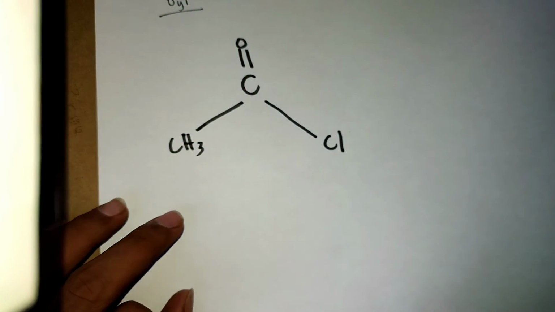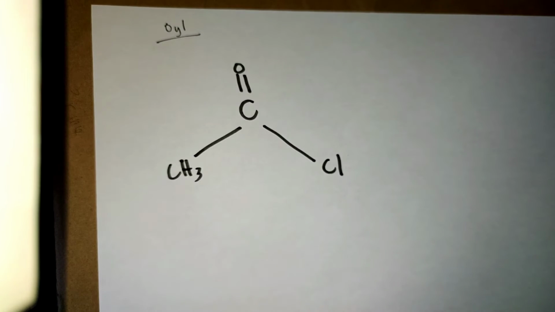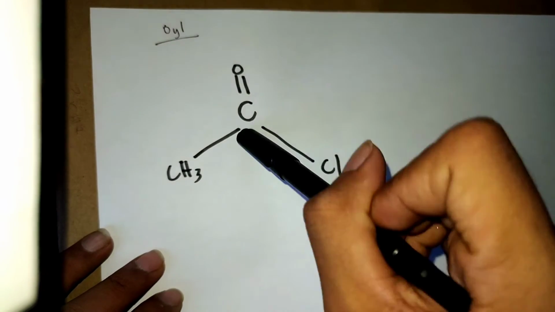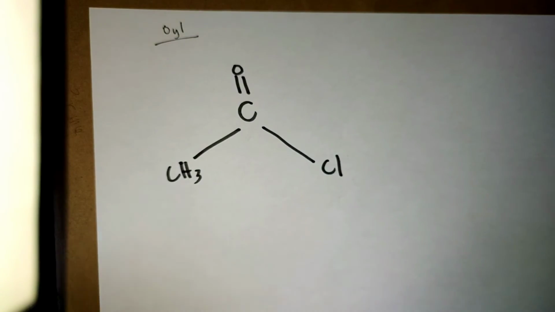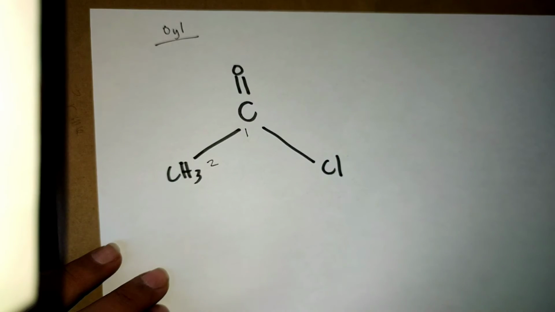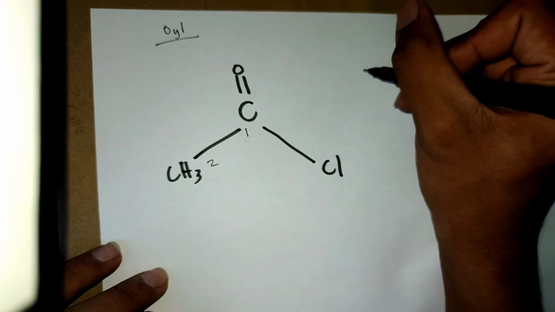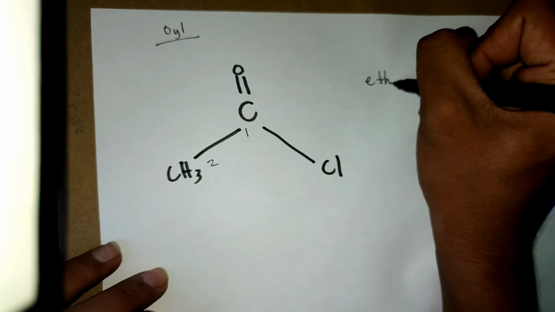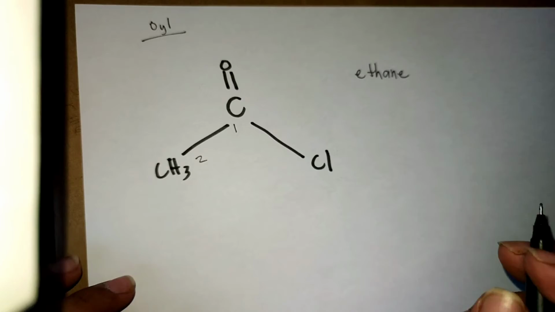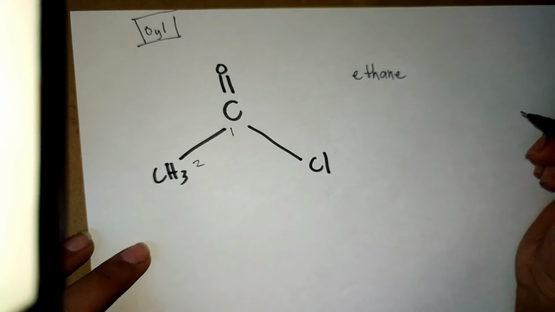CH3. So, as what you have noticed, there is a halogen atom. So, how do we name this? First, we should count the number of carbon. So, we have 1 and 2. So, we have 2. It is associated to the name ethane. But in naming acid halide, we should add the suffix oyl.